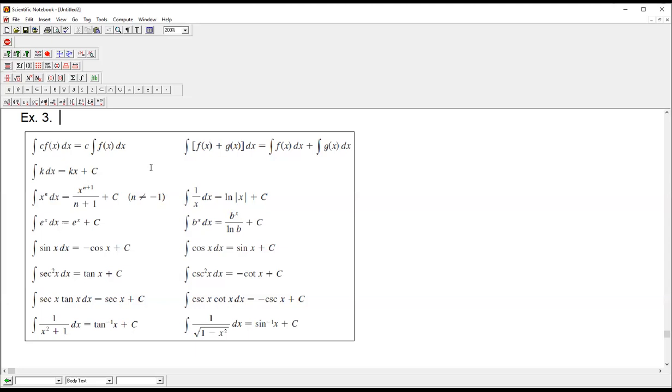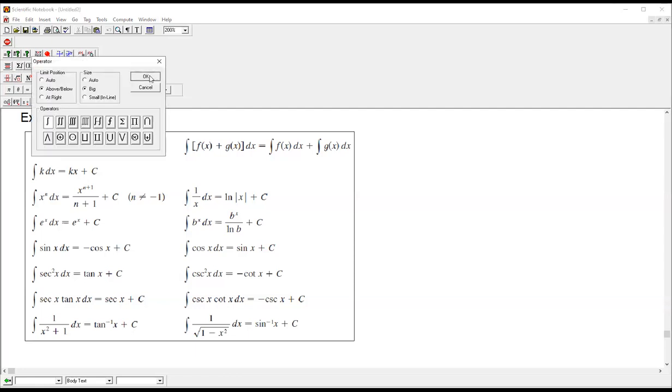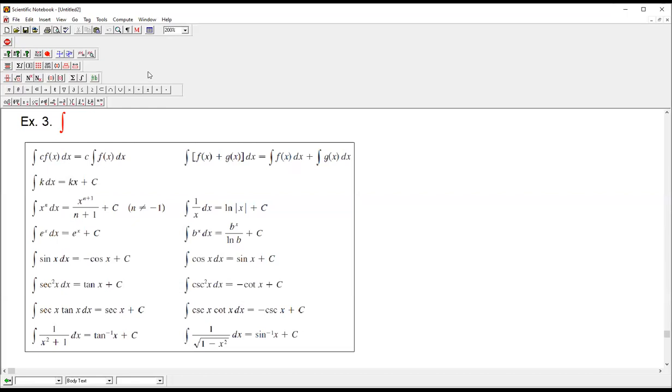Suppose the question is asking you just to find the definite integral. We're integrating from 1 to 9.